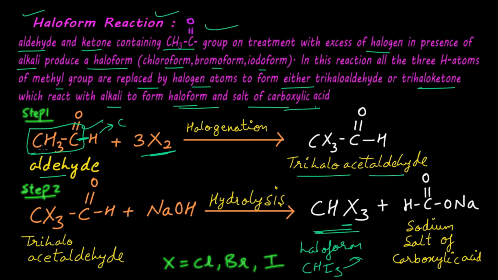All these hydrogens are replaced by halogen. When this trihaloacetaldehyde is treated with a base with hydrolysis, we get haloform and sodium salt of carboxylic acid. In simple terms, this whole ONa group will go to the carbon and this hydrogen will move to the second carbon, the carbon containing halogen atoms. So the final product is one of the haloforms and sodium salt of carboxylic acid.